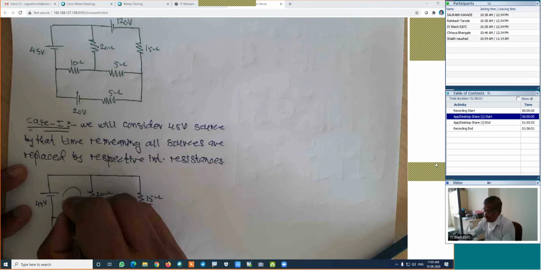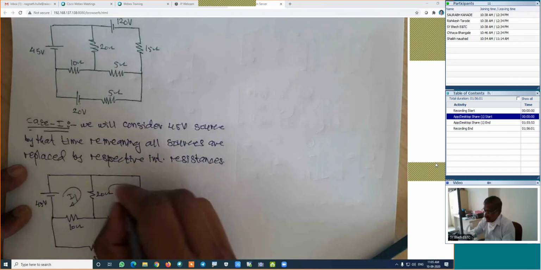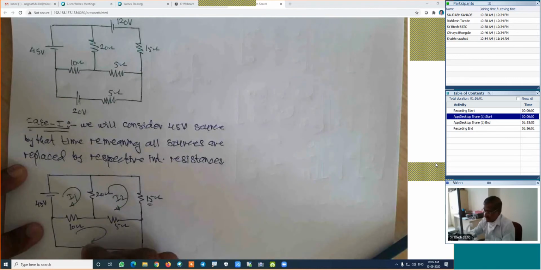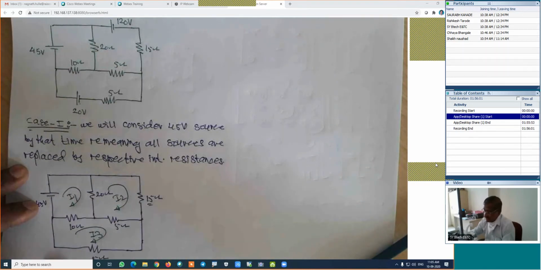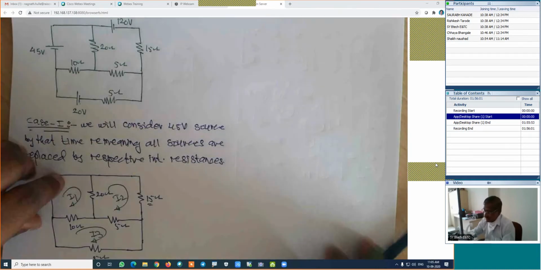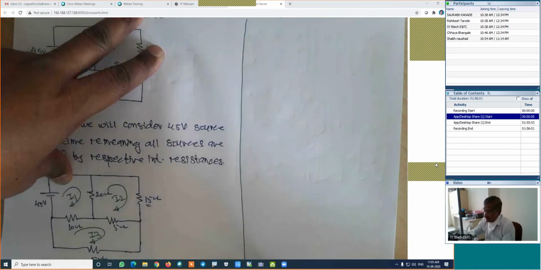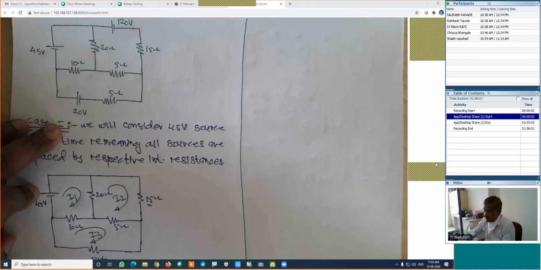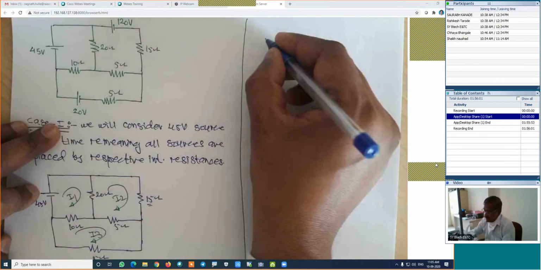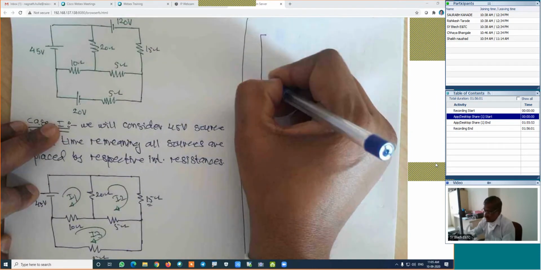Here this current is I1 for case 1, this current is I2 for case 1, and this current is I3 for case 1. Is it right? And we will prepare its matrix directly.